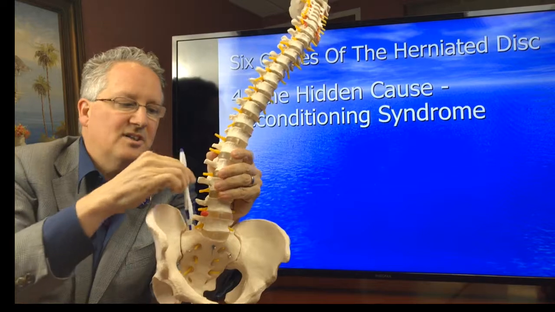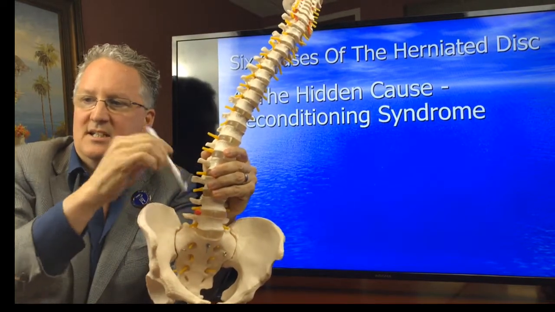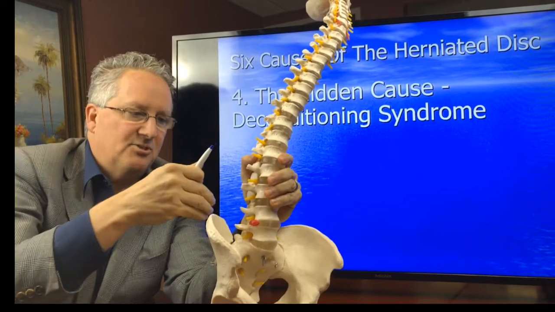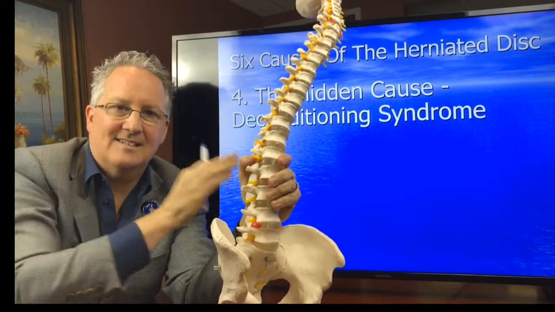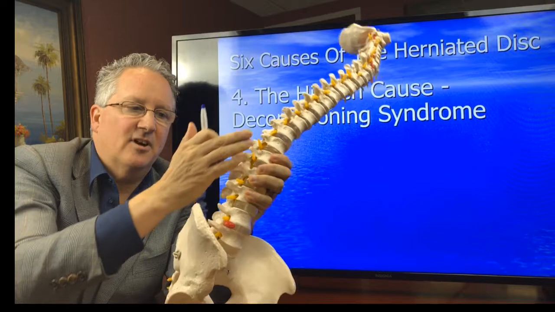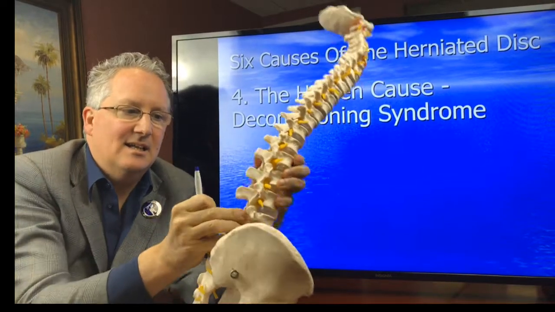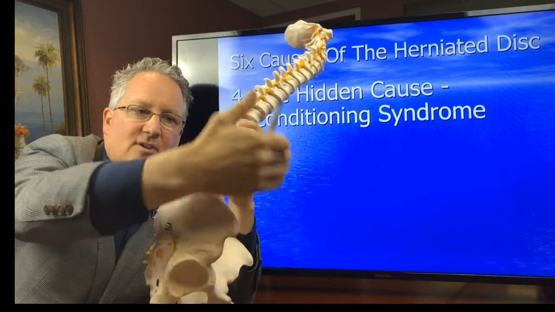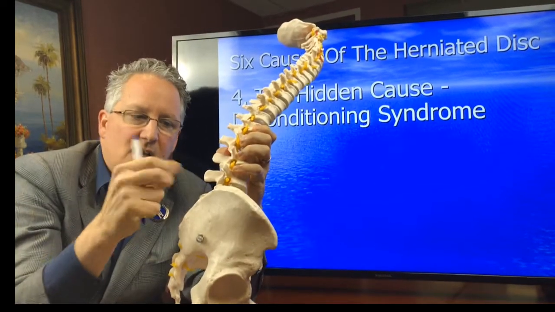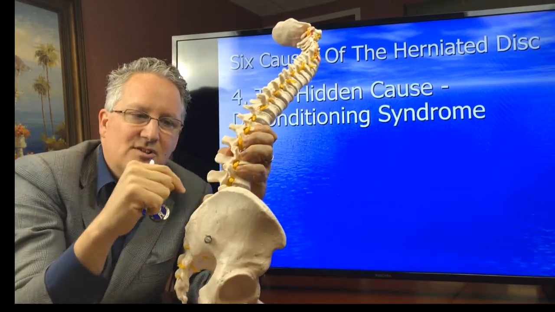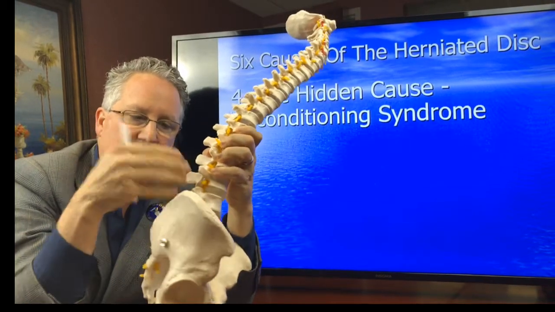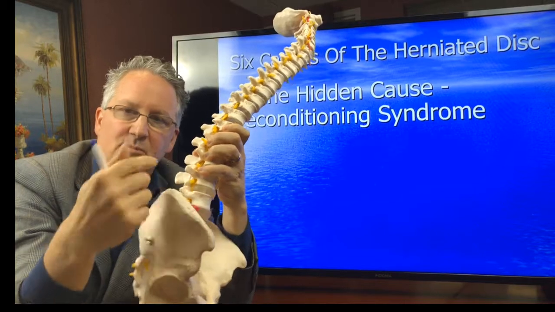Another one is what we call deconditioning syndrome. Deconditioning syndrome is when the muscles go out of balance. The stresses need to be even from front to back and side to side. And what happens very often is the muscles in your back get tight. These muscles back here get tight, and the muscles that do the opposite activity in the front, the stomach muscles, get weak. When the muscles in the back get tight, there's a nervous system communication pattern from the muscles in the back to the muscles in the front, causing the muscles in the front to turn off.